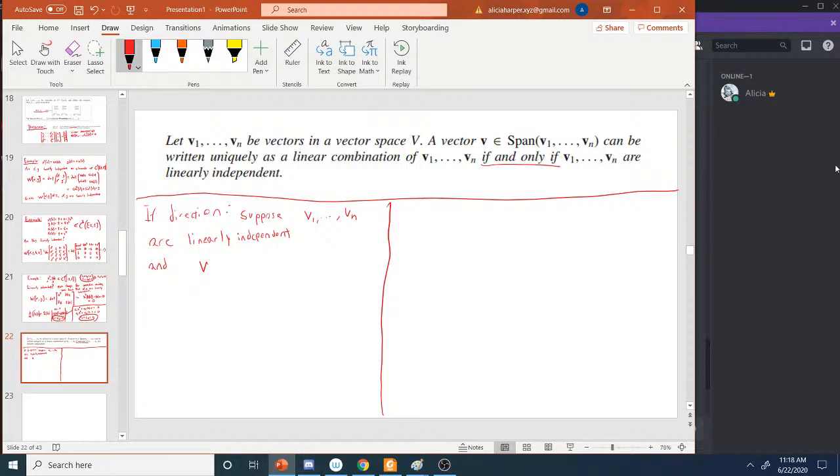I'm not saying they're two distinct ways, but at least in two ways. So we can write V as alpha 1 v1 plus alpha 2 v2 plus and so on up to alpha n vn, and we can also write it as beta 1 v1 plus beta 2 v2 plus and so on up to beta n vn.